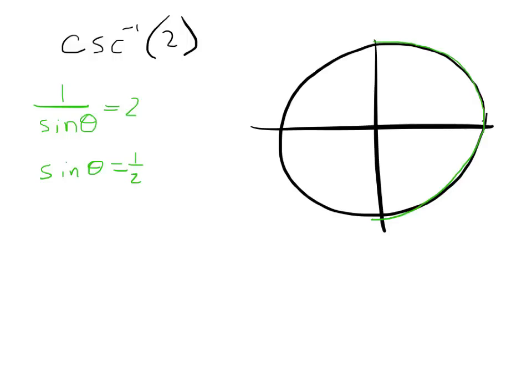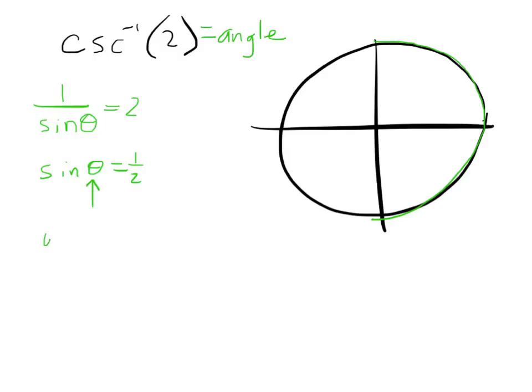So your job here, and remember from the beginning of the lesson, when somebody says inverse cosine of something, it means they're giving you the ratio, and they want to know what the angle is that causes that. So really, I'm looking for what angle gives me a cosecant of 2. What angle gives me a sine of 1/2?